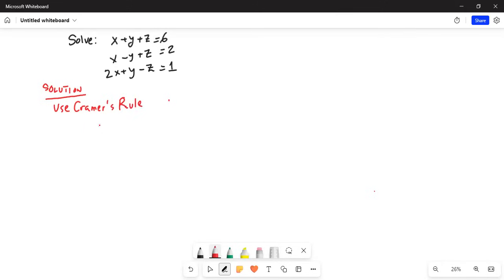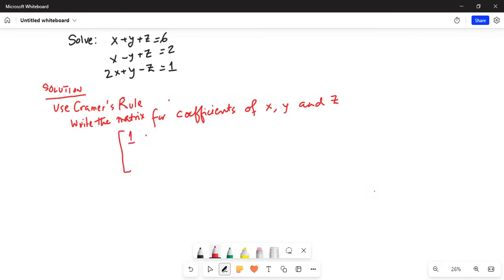Okay, so first I will write the matrix for the coefficients of X, Y, and Z. That matrix is 1, 1, 1, because the coefficients of X, Y, and Z in the first equation are 1, 1, 1.